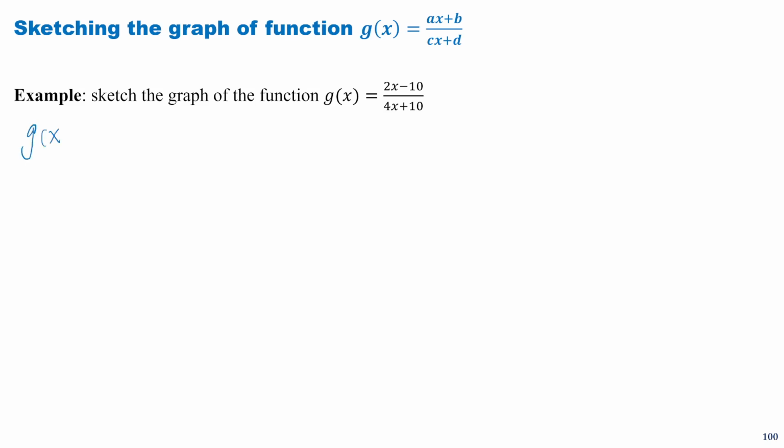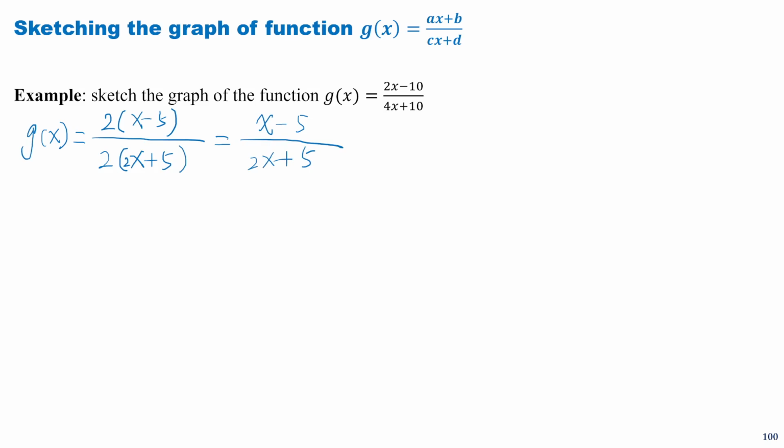Apparently we can put a common factor 2 in front, and 2 times (x minus 5) over 2 times (2x plus 5), right? So the function can be simplified to g(x) equals (x minus 5) over (2x plus 5), right?